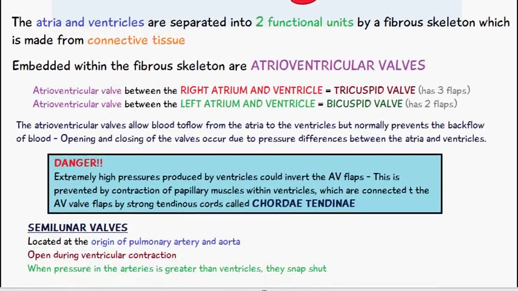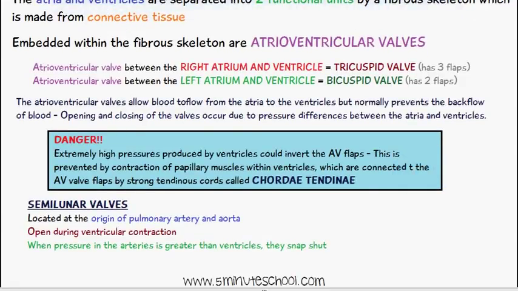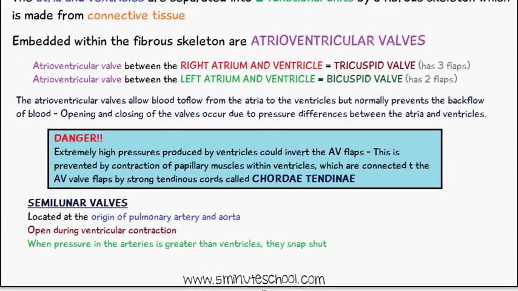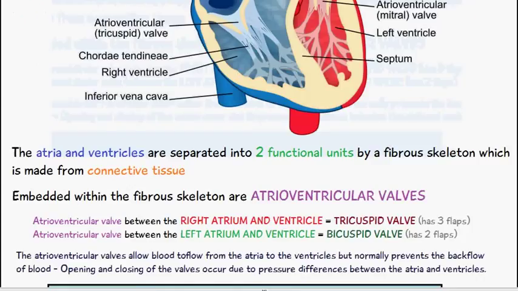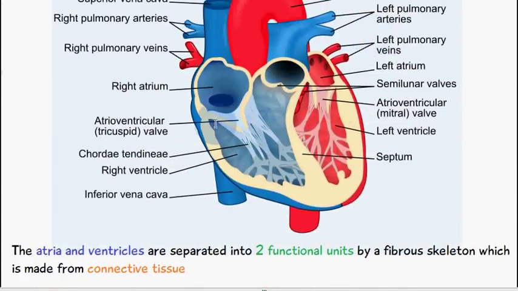Lastly, we're going to talk about the semilunar valves, and they are located at the origin of the pulmonary artery and aorta. They open during ventricular contraction, and when the pressure in the arteries is greater than the ventricles, they snap shut. Okay, so let's have a look at them here. You can see it from the right side of the heart. The ventricles are here.